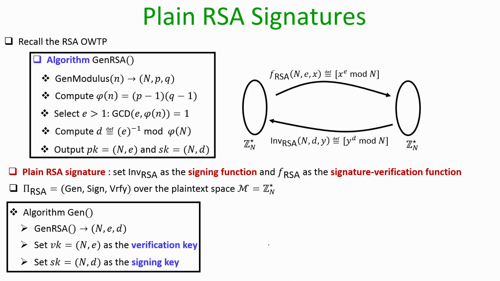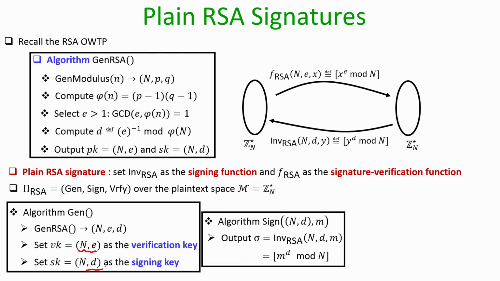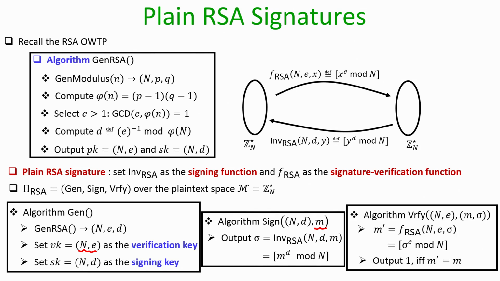The key generation algorithm runs the GenRSA algorithm to obtain the parameters n, e, d, and now the public parameter n comma e is set as the verification key, whereas the trapdoor information, namely n and d, is set as the signing key. To sign a message m belonging to Zn star, we compute m to the power d modulo n, where d will be available with the signer.